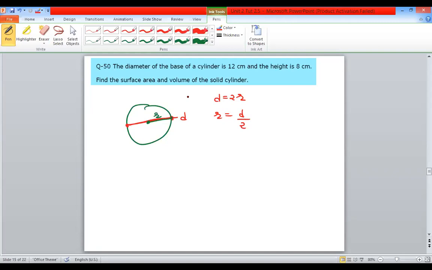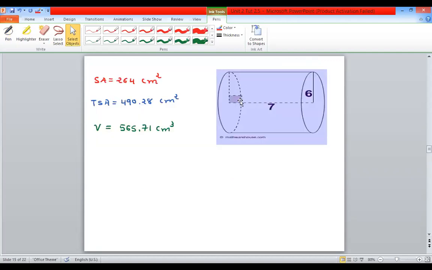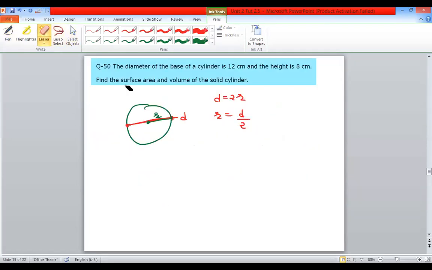Remember this thing, because sometimes they give you the radius and sometimes they give you the diameter. Here the diameter is given as 12 centimeter. So this is your cylinder maybe, and this full length represents the diameter. Hope you remember. Don't forget it every time.